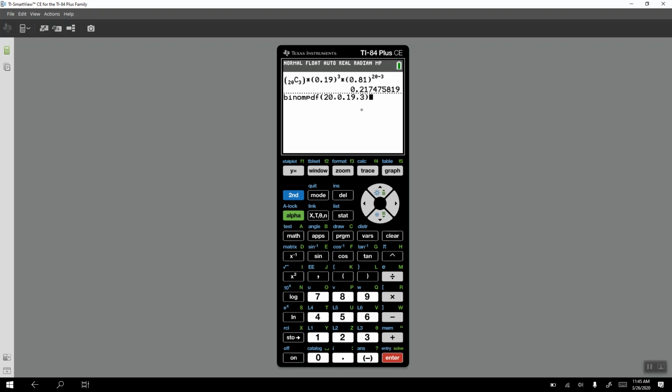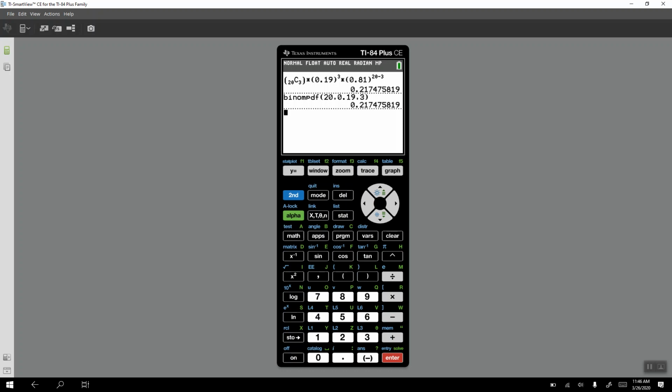Notice this formula that's on the screen is the exact same formula that we have written down on our paper. We're going to press enter. Notice these two answers right in here are identical, which means they give us the exact same answer.